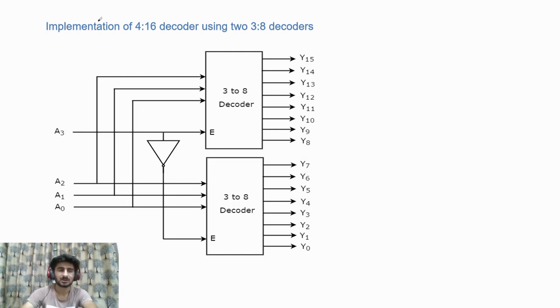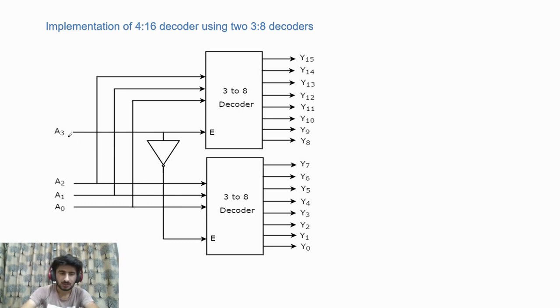Now we will see how we can implement the 4 to 16 decoder using two 3 to 8 decoders. With the help of the enable, we can implement the 4 to 16 decoder using the 3 to 8 decoder. We will provide the enable to one, and the NOT of that enable will be provided to the other 3 to 8 decoder.